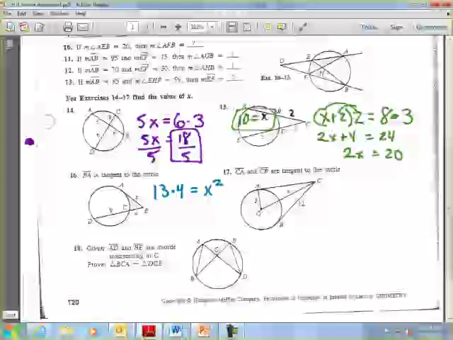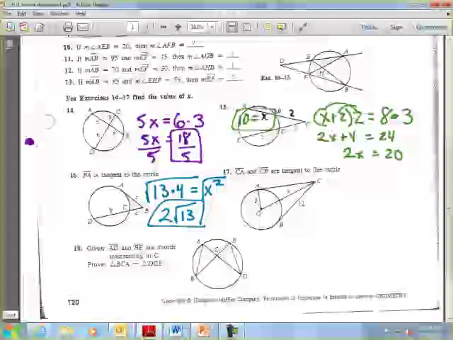We do 13 times 4 and try to take a square root. It is not a pretty number. So instead of giving an ugly decimal, we'll just take a square root here. Square root of 13 is not a pretty number, but what about the square root of 4? It's 2. So we get 2 square roots of 13 would be the best answer there. A decimal would be acceptable, but the best answer is the exact answer of 2 square roots of 13.